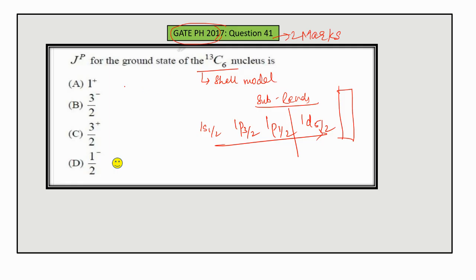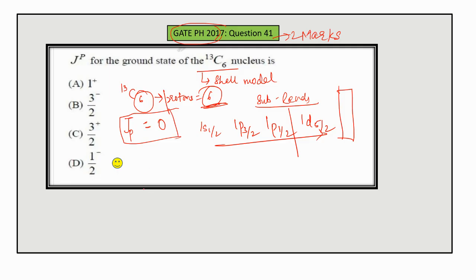This is carbon, again 13C6. This carbon has how many protons? 6. So they are even in number. When they are even in number, they will couple up to give total angular momentum due to protons of 0.